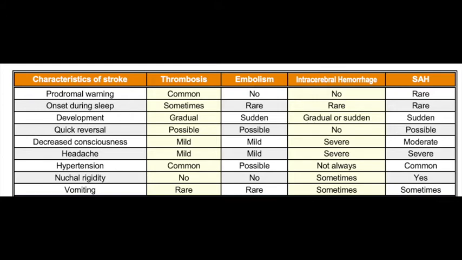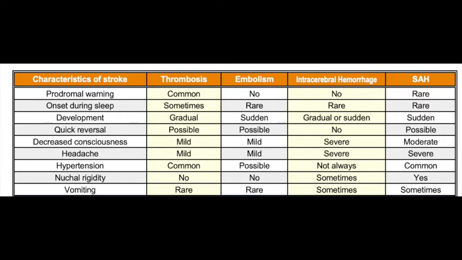So that's why for a thrombotic stroke, we have prodromal warnings. Those are common for that. So a prodromal warning is basically anything that happens to indicate that the patient is going to have a stroke. So these could be certain signs and symptoms, or it could be like a transient ischemic attack, a mini stroke. That is considered a prodromal warning.